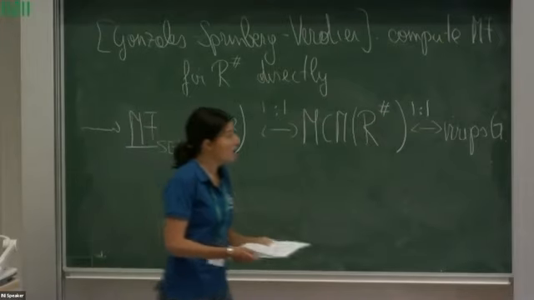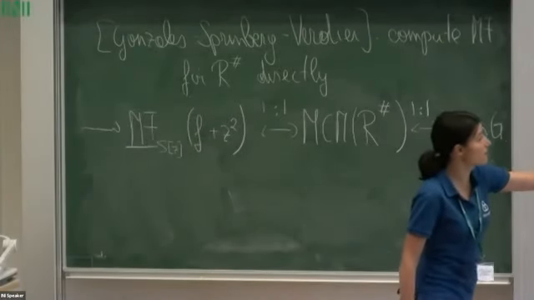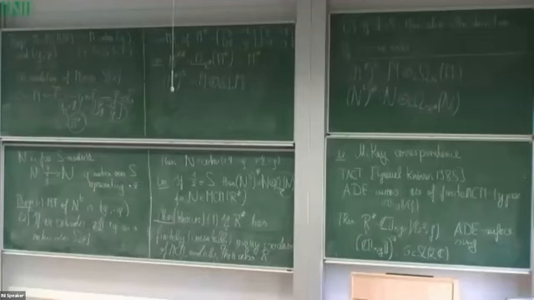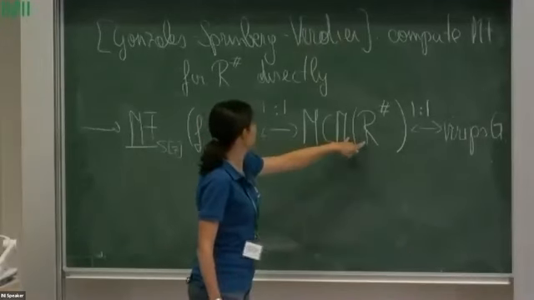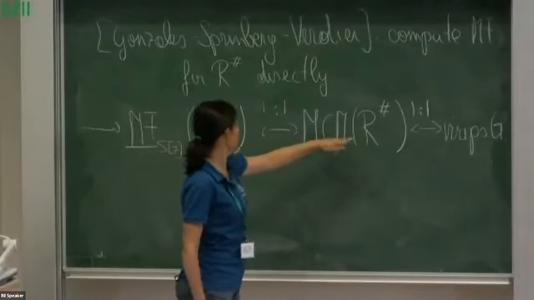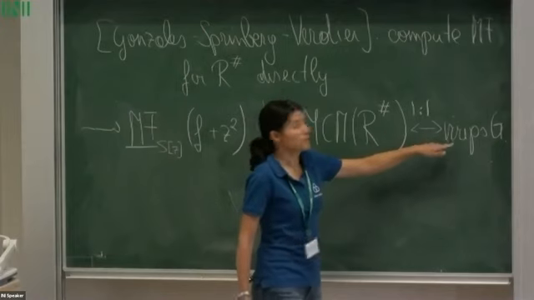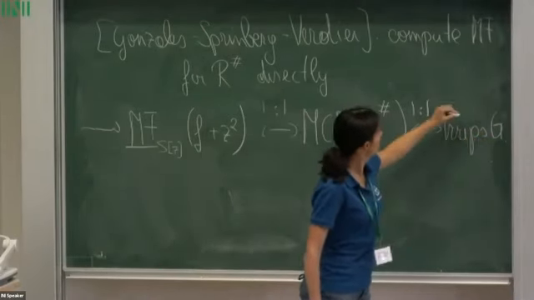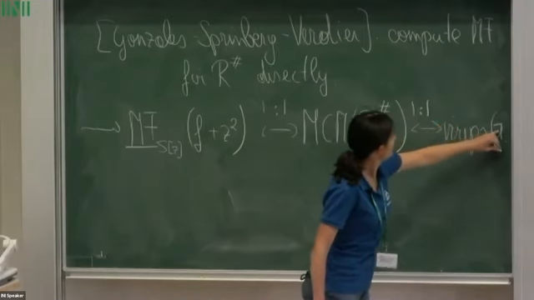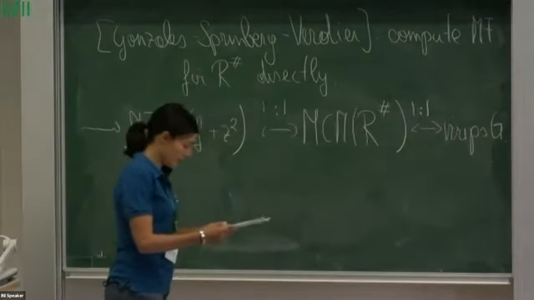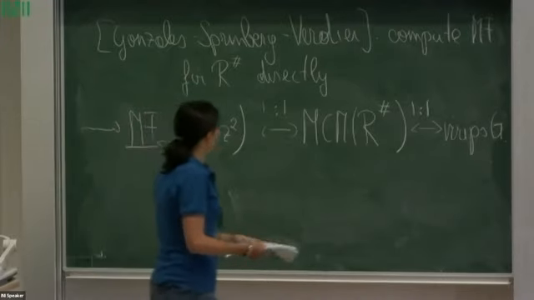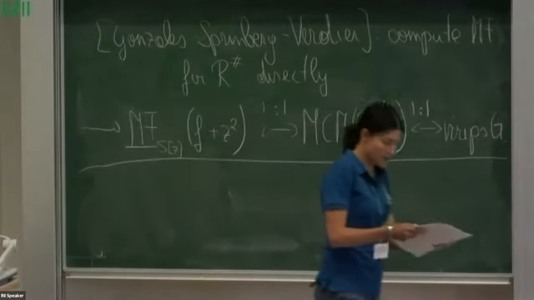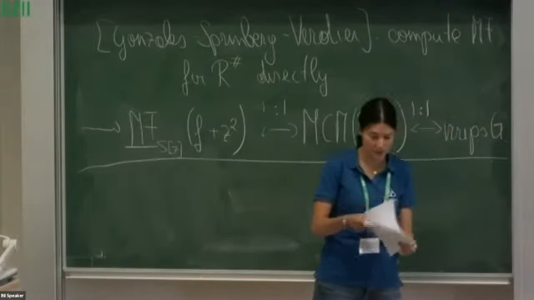You can also interpret the maximal Cohen-Macaulay modules over the ADE curve singularities as corresponding to irreducible representations of the corresponding reflection group, in which G has order 2. So that's another way to see that. So this is about the McKay correspondence.